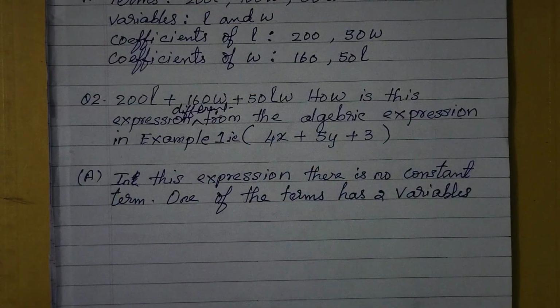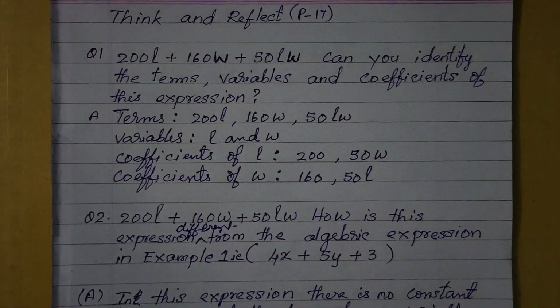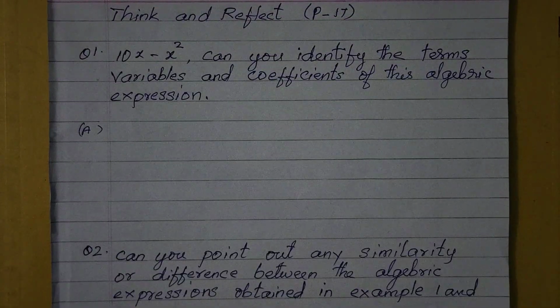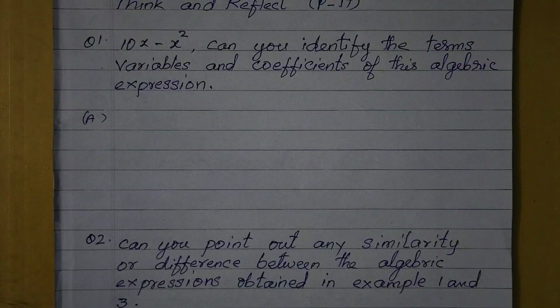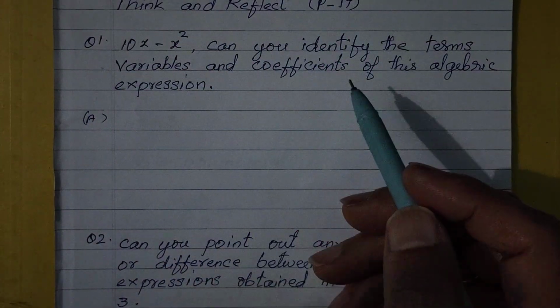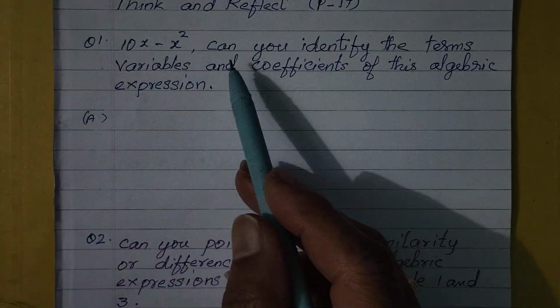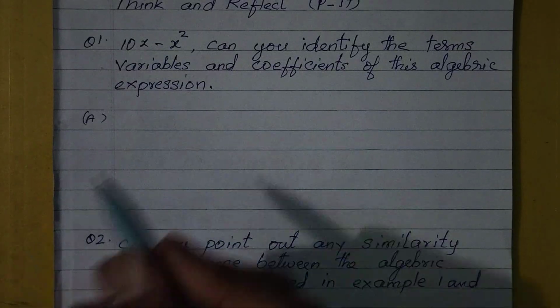The next one, think and reflect. This question is on page number 17. They are given one expression. Can you identify the terms, variables and coefficients of this algebraic expression?